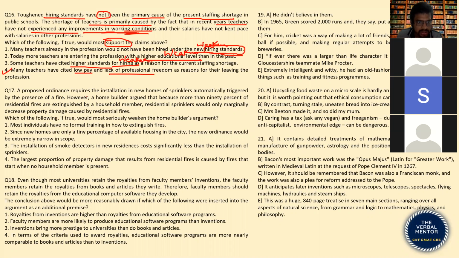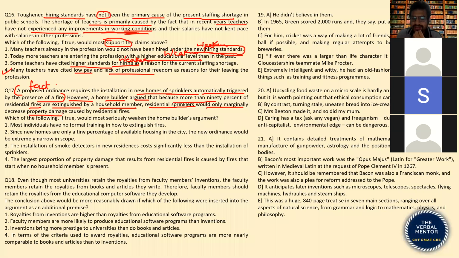A proposed ordinance requires the installation in new homes of sprinklers automatically triggered by the presence of a fire. Okay, this is a fact. But what is the author's argument? However, a home builder argued that because more than 90% of residential fires are extinguished by a household member, residential sprinklers would only marginally decrease property damage.